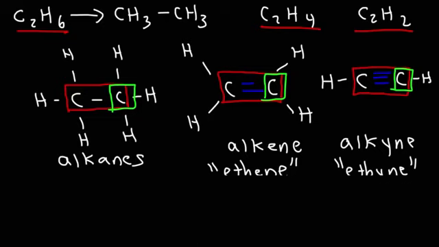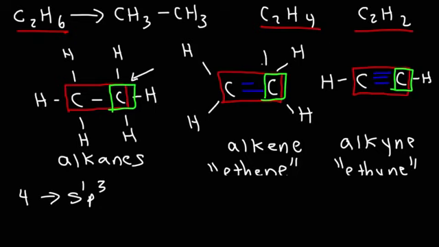A quick and simple way to determine the hybridization around a certain carbon atom is to count the number of atoms attached to that particular carbon atom and the number of lone pairs that it has. So this particular carbon atom is attached to 4 other atoms. So you could think of it as having 4 groups around it. So the hybridization is going to be s1p3 because the exponents add up to 4.